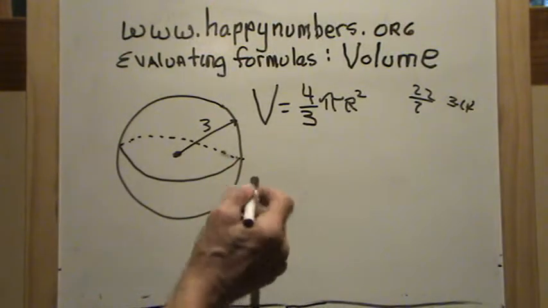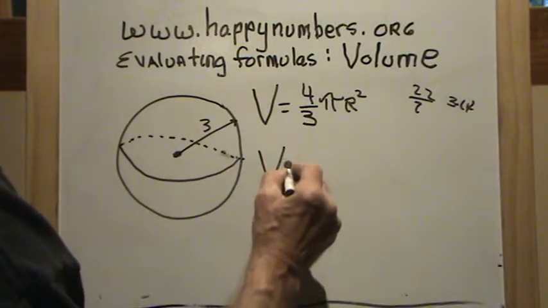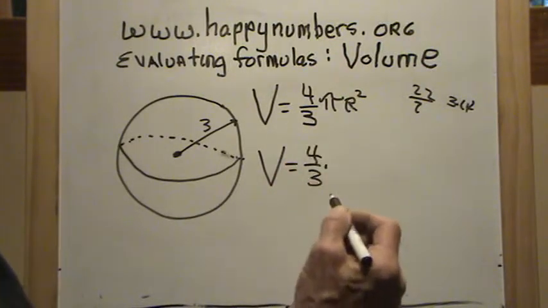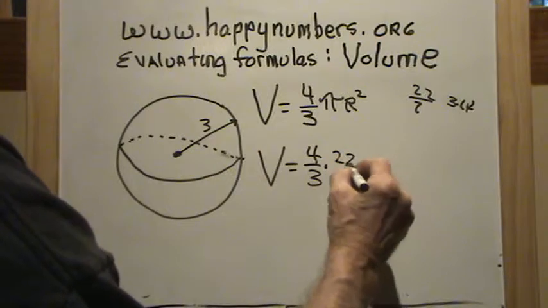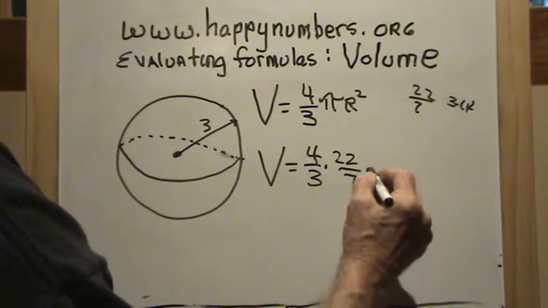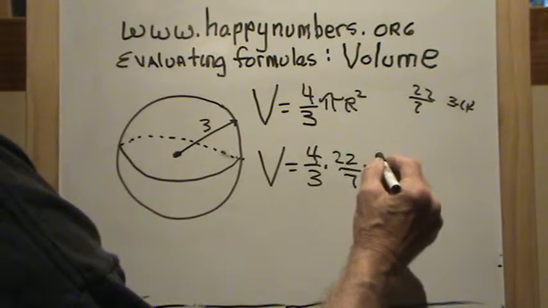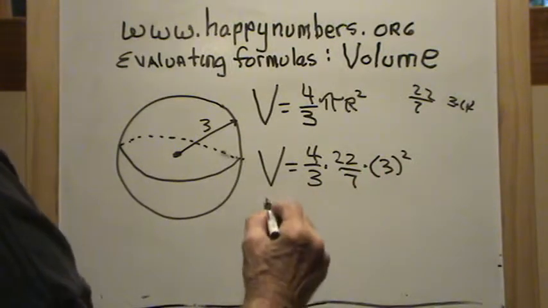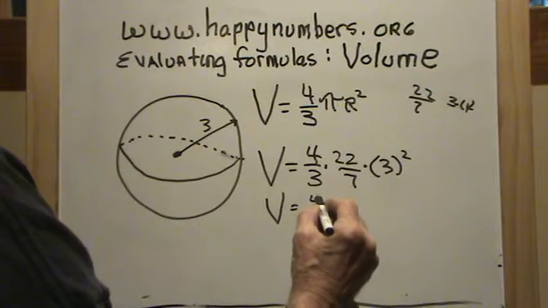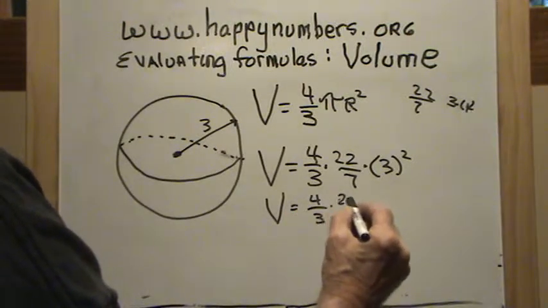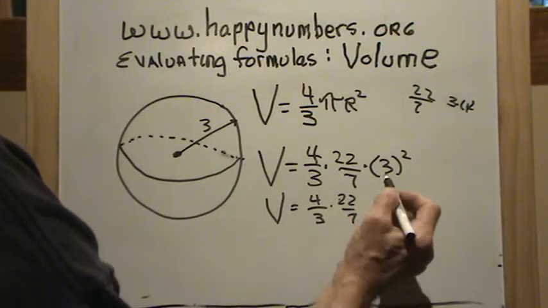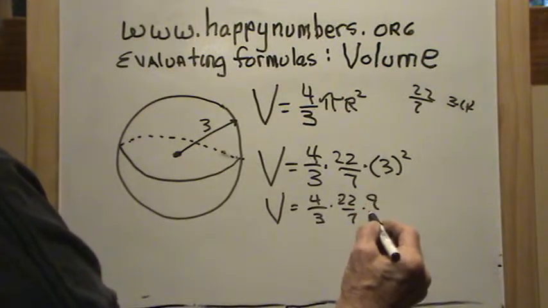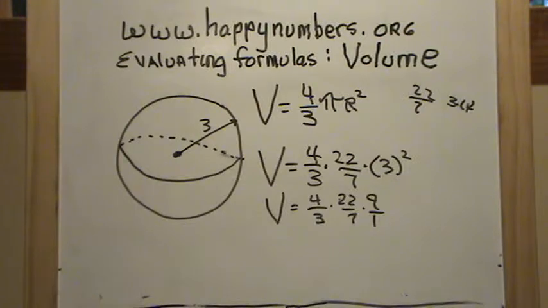Well, all we do then is substitute. Volume equals 4/3 times 22/7 times the radius squared is 3 squared. 3 squared is 3 times 3, that would be 9. And we can put 9 over 1.